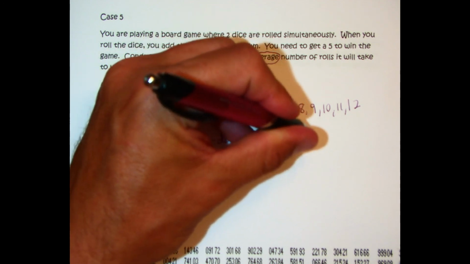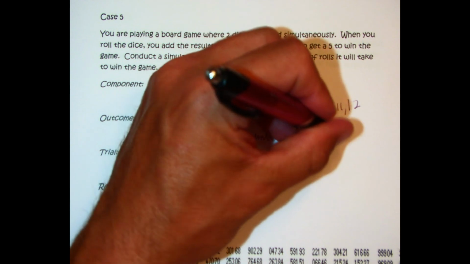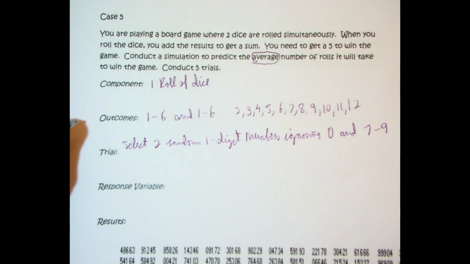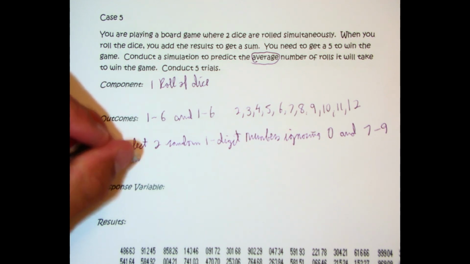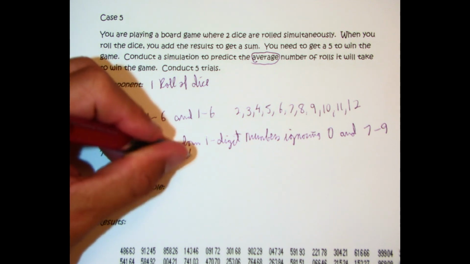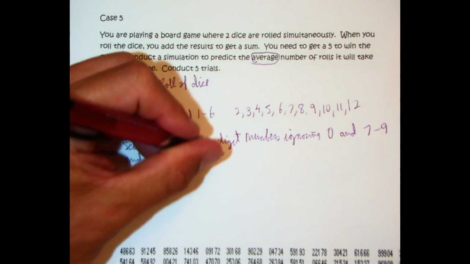Ignoring 0 and 7 through 9, because you can't have a 0 or a 7 through 9 on a dice, and add up the numbers of the 2 numbers.